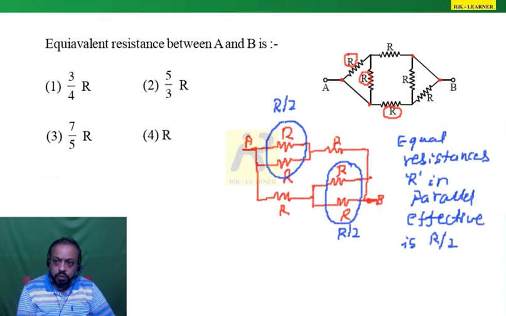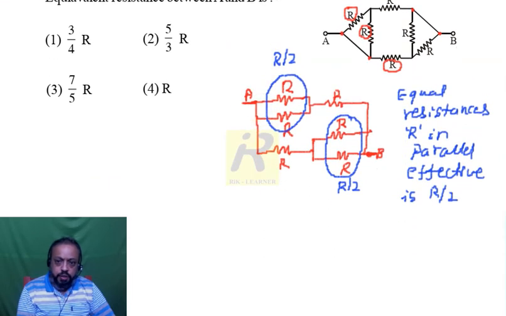Further, what I can do, I can rewrite the same picture one more time. The terminal A is here, right? Instead of writing 2 resistors, now I simply write a single resistor whose value is R by 2, and further there is one more R in series, and this point is A. So in the bottom what happened?